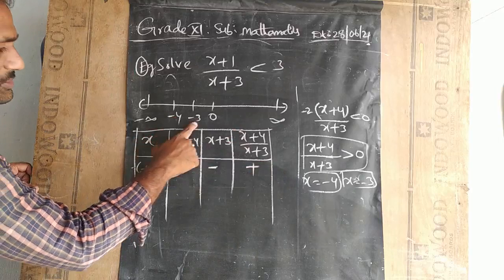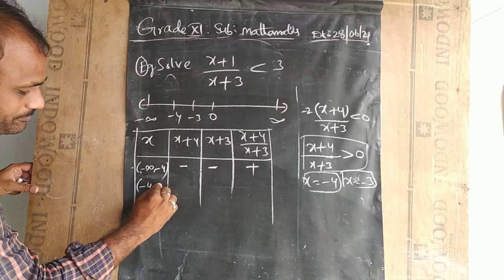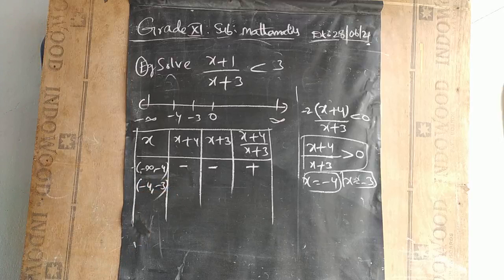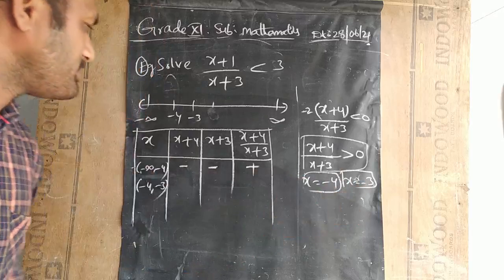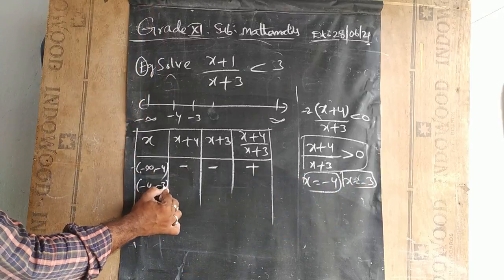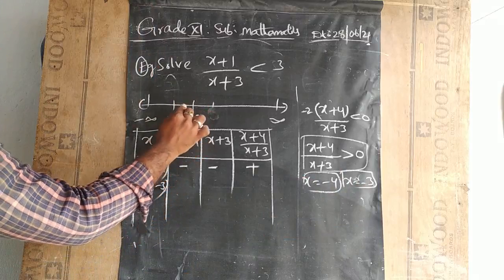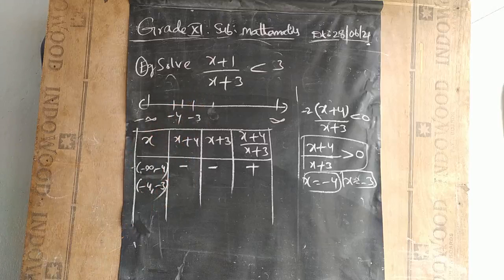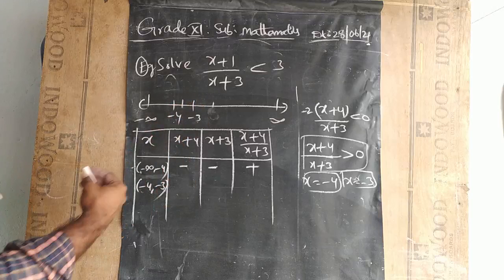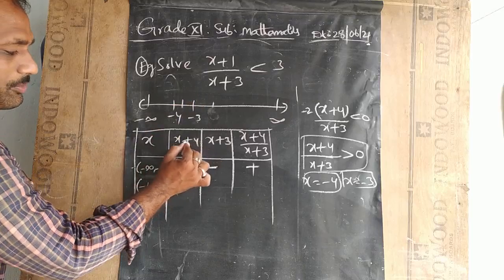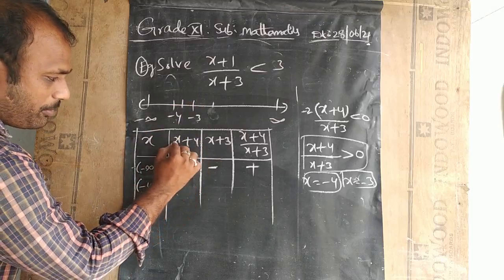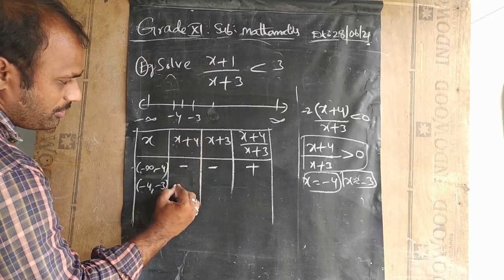The next range, minus 4 to minus 3. Zero is not there in our graph, because the range is minus 4 to minus 3. What value can I take? We can take minus 3.5. If I take minus 3.5 plus 4, what will be my answer?